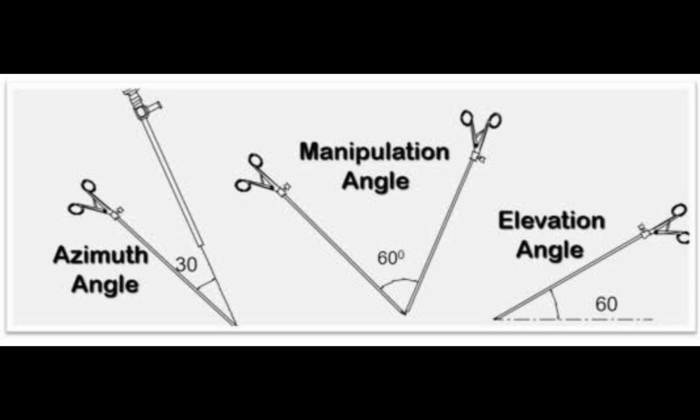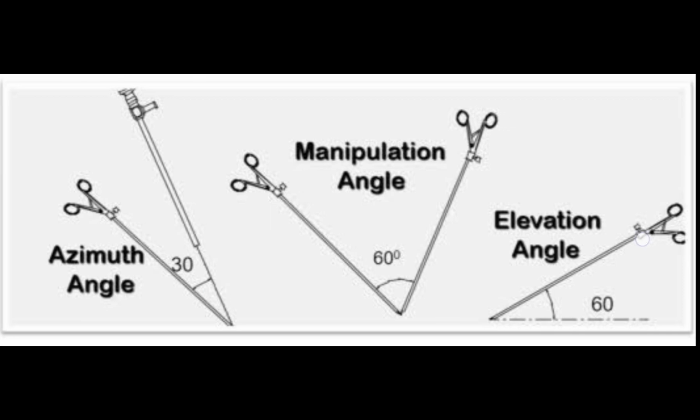Then the next image we have is of different angles used in laparoscopic surgeries. The azimuth angle is the angle between the scope and the instrument and it is 30 degrees. Then we have the elevation angle.